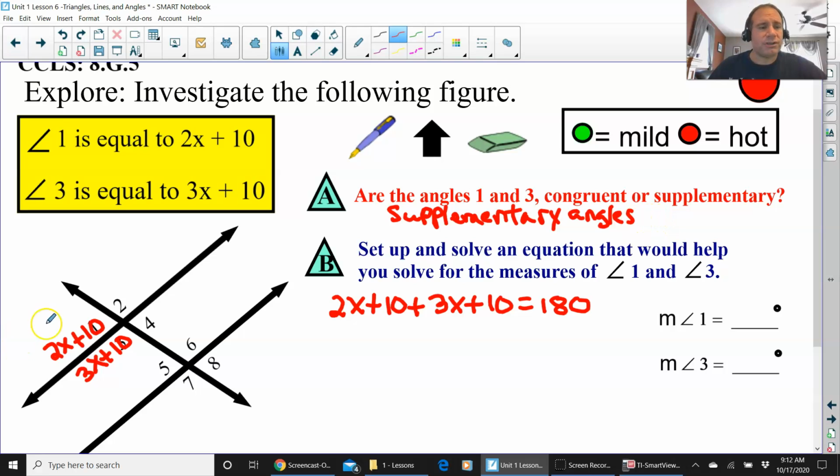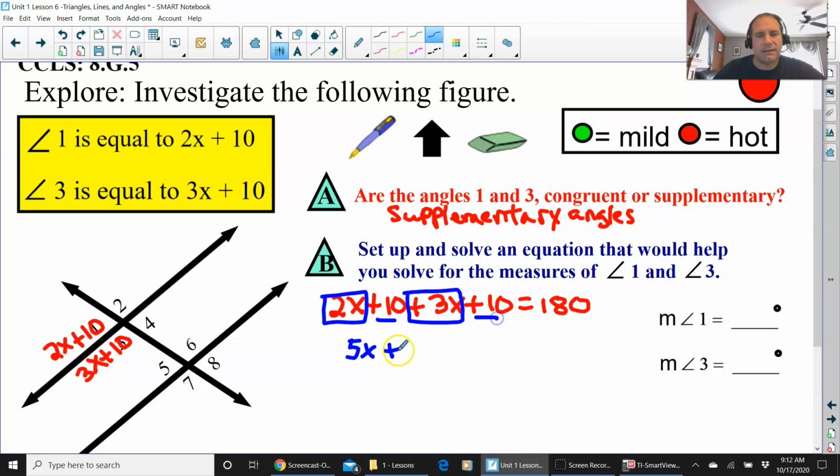All right, one's acute, one's obtuse. So we set them up like this. Now we have to solve your equation, and remember, you have to solve combining the like terms. So I'm going to box out 2x plus 3x, and hopefully you get 5x. And then 10 plus 10 is 20.